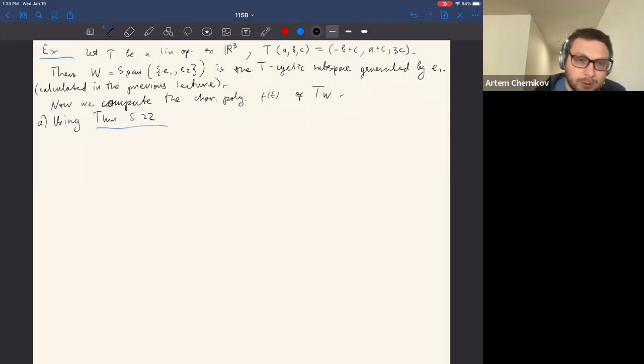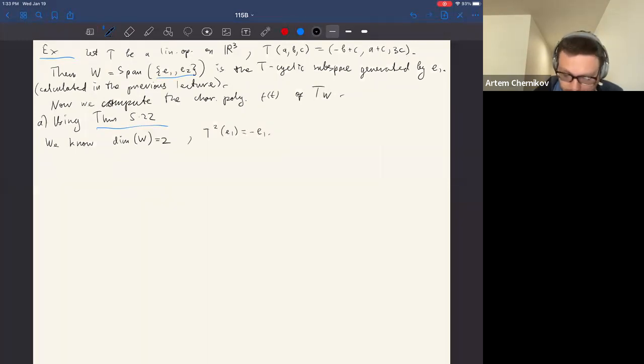So how to do it? Well, we know that the dimension of this cyclic subspace W is 2, right? Because it's a span of two vectors, E1 and E2. Okay, so the dimension is 2. Then applying the theorem, we also know, of course, that T squared of E1 is equal to minus E1.